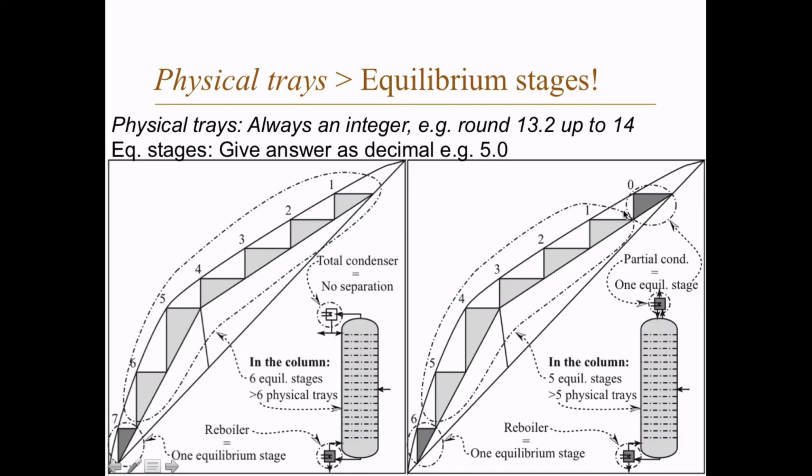So in this case, when you need 7 equilibrium stages in total, if you have both a partial condenser and a reboiler, you only need 5 equilibrium stages inside the column. And when you calculate physical trays, you should always round up to an integer. So if you get the answer 13.2, then round that up to 14, because 13 is not enough.